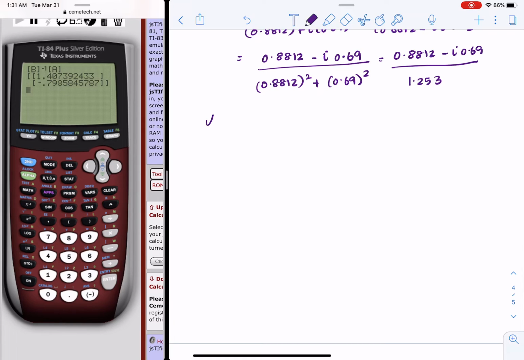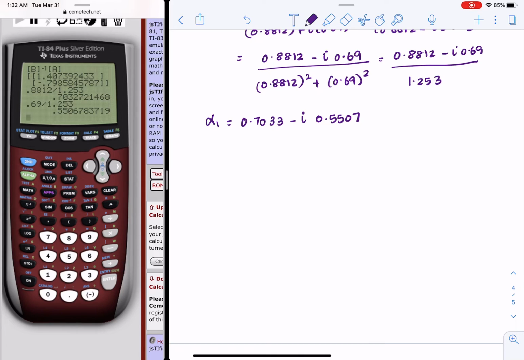So alpha 1 is 0.8812 divided by 1.253, which is 0.7033, minus i times 0.69 divided by 1.253, which is 0.5507.